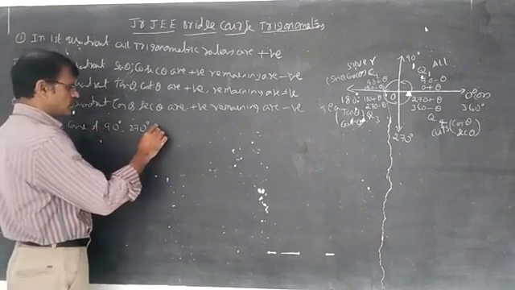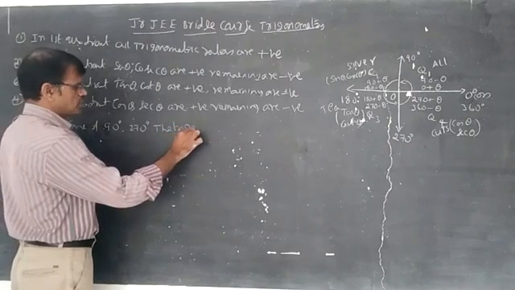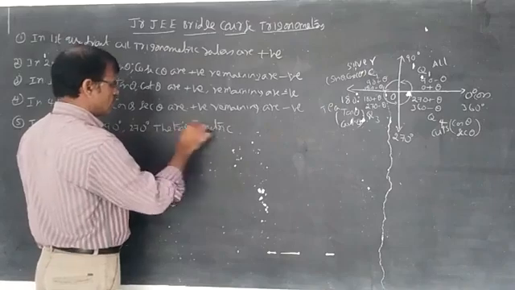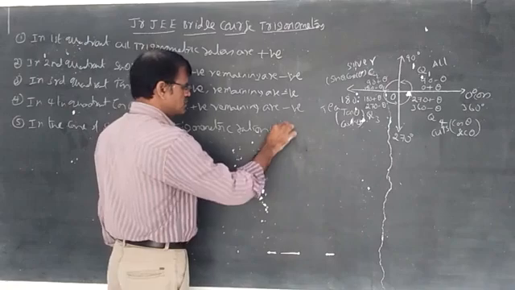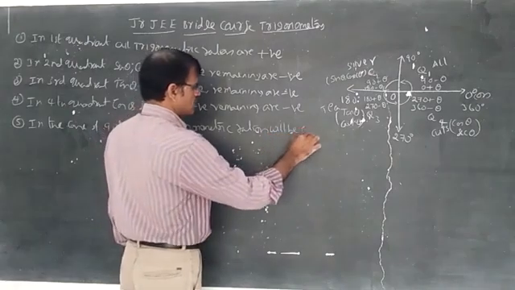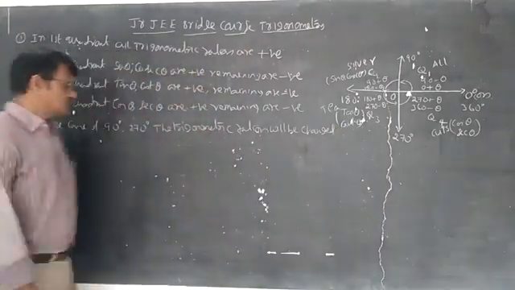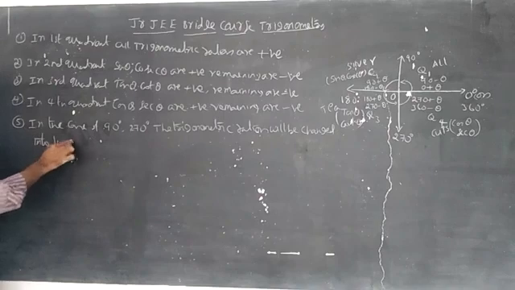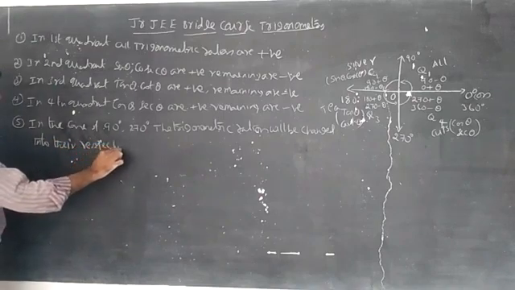In the case of 90 degrees and 270 degrees, the trigonometric ratios will be changed into their respective cofunctions.